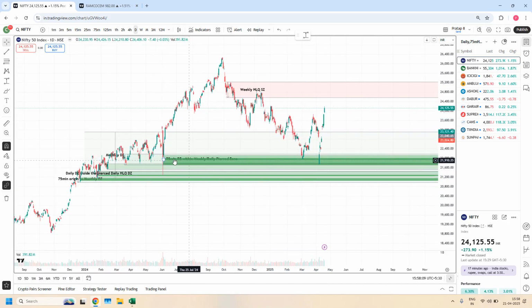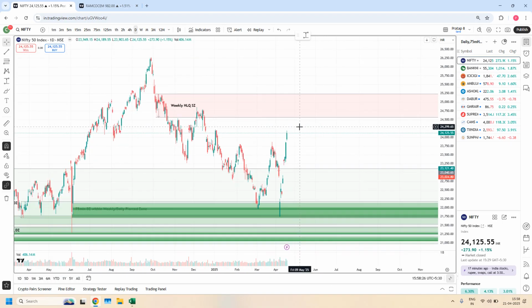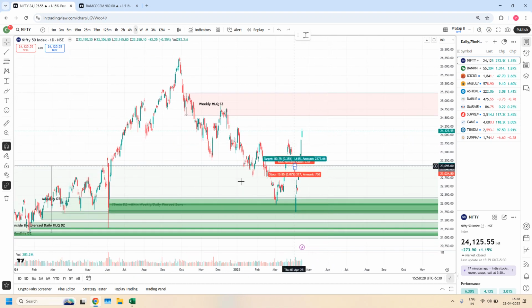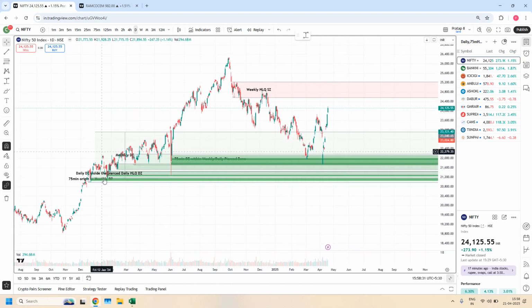So for this weekly pierced zone, here we have a weekly zone, a pierced zone. From the pierced weekly zone, prices are moving up so sharply. So this is what you can see in the Nifty. The pierced zone strategy. See, this is the monthly zone.